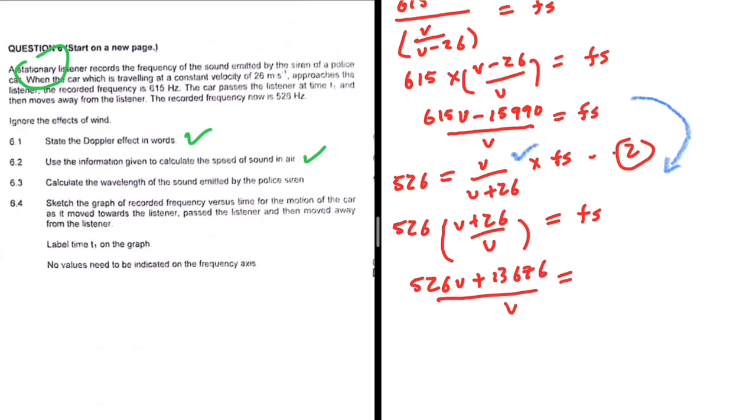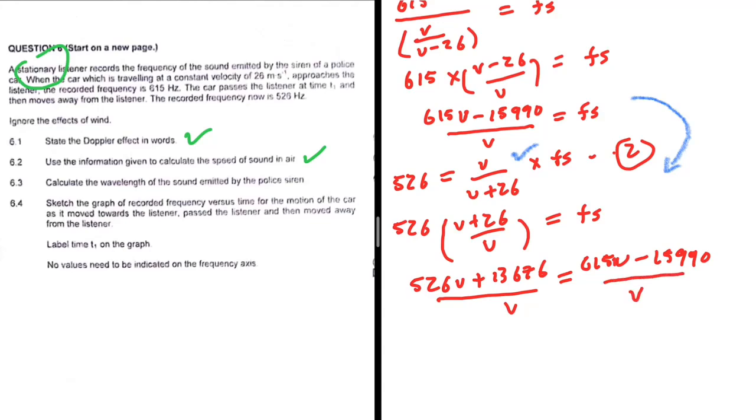Now, in place of Fs, we're going to substitute what we have here: 615V minus 15,990, everything divided by V. I think we're getting somewhere.